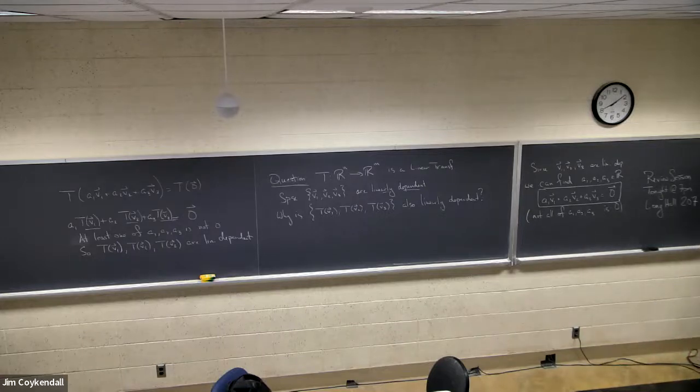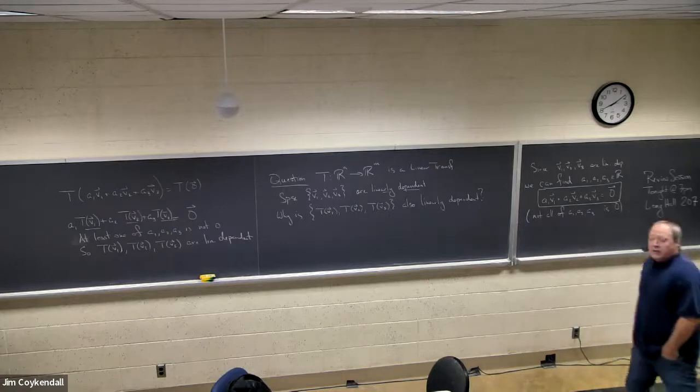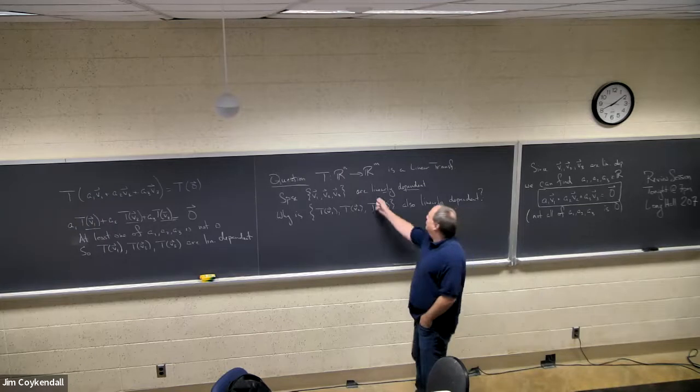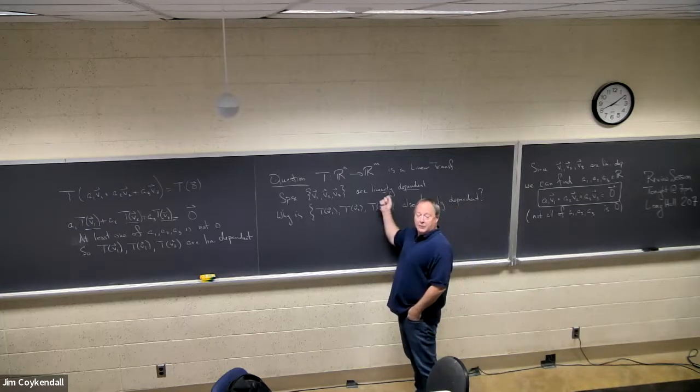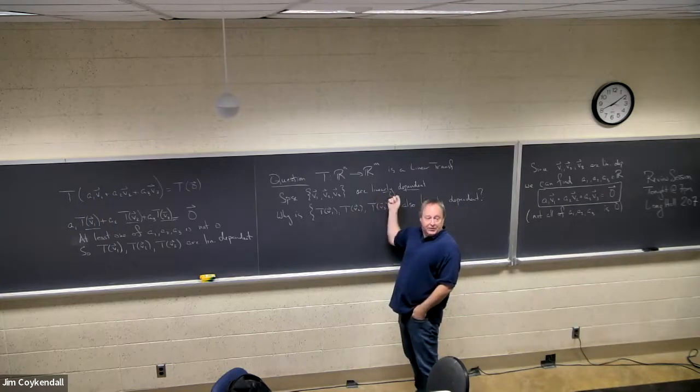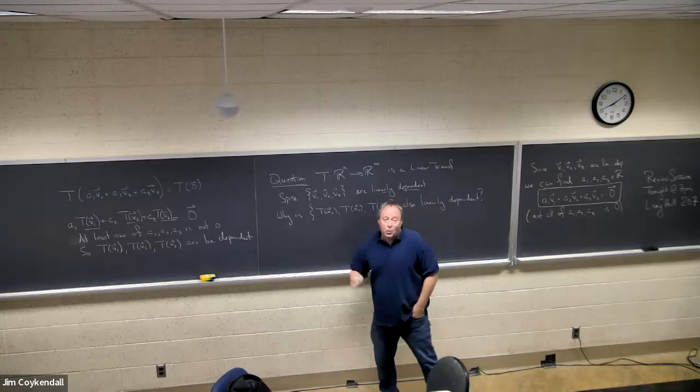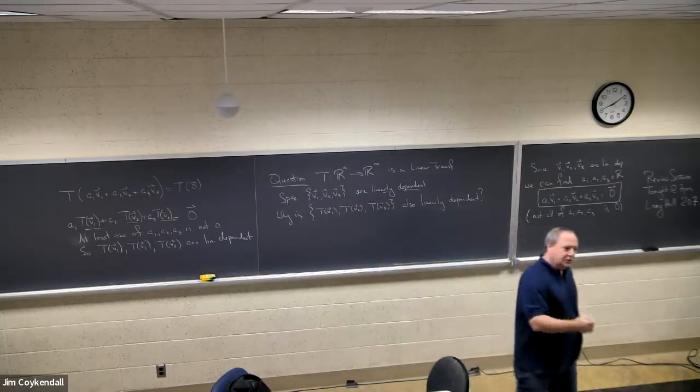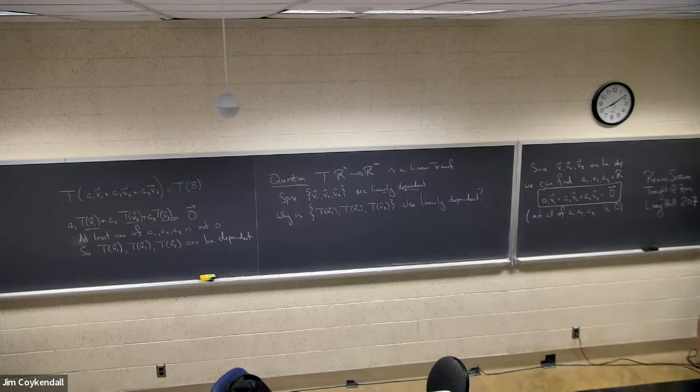Can anybody think of one condition? If it's 1-to-1, that is correct. So see if you can show that. If you start out with a linearly independent set, and suppose T is 1-to-1, see if you can show that the new set is also linearly independent.